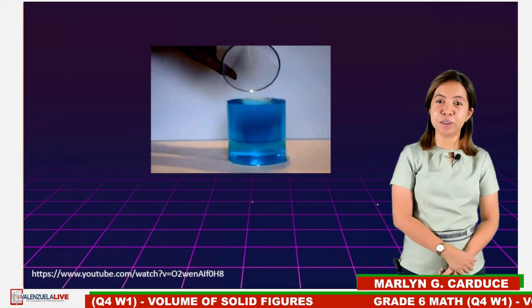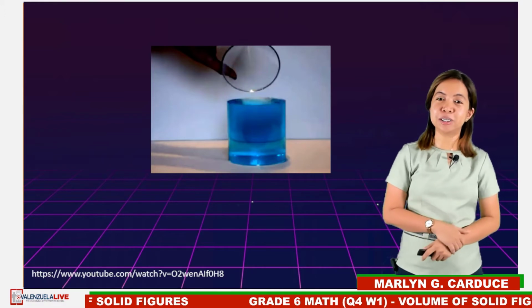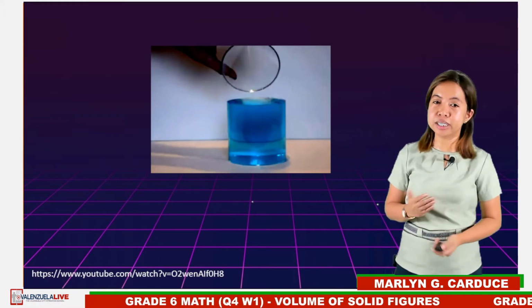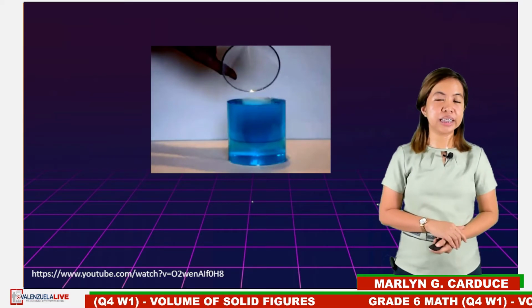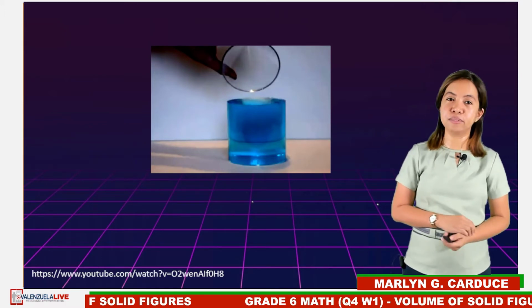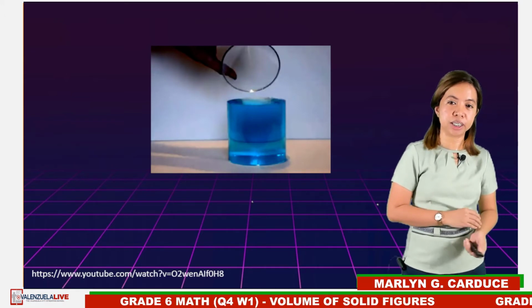Okay, so what have you observed again? Correct. The cone and the cylinder in the video have the same circular base and height. So based on the video, it takes 3 cone-shaped containers that are filled with water to fill the cylindrical-shaped container.